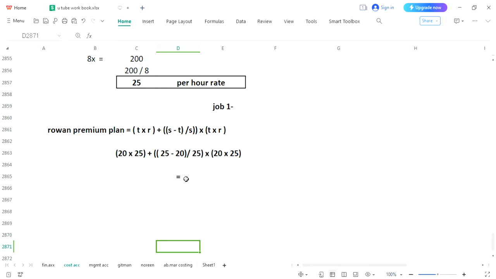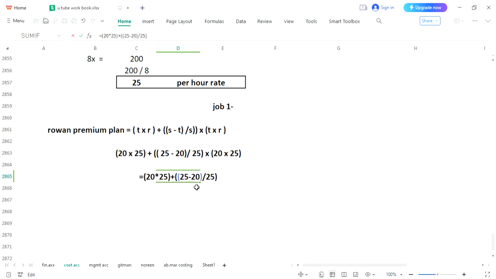The method or input which I write here would similarly be written in your calculator as well. So you put a bracket on the calculator, 20 multiply by 25, close your bracket, sign add, open two brackets, 25 minus 20, close your bracket, divided by standard time 25, again close your bracket.